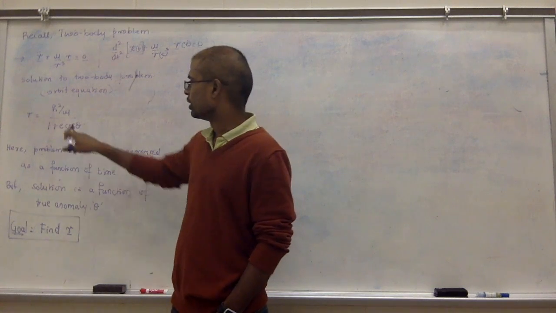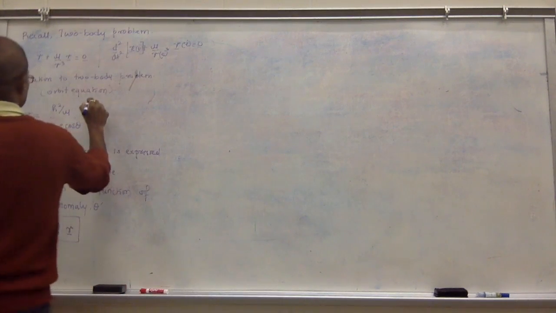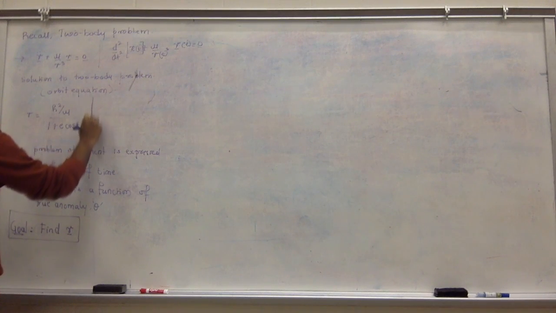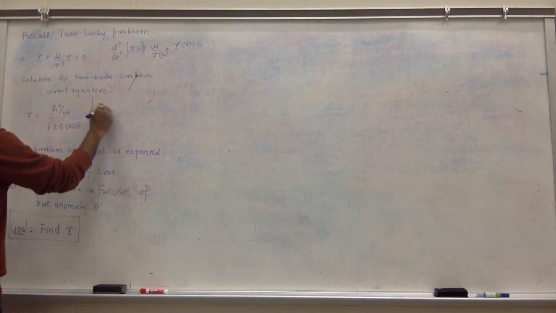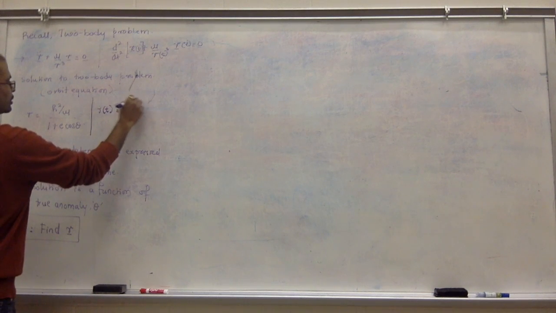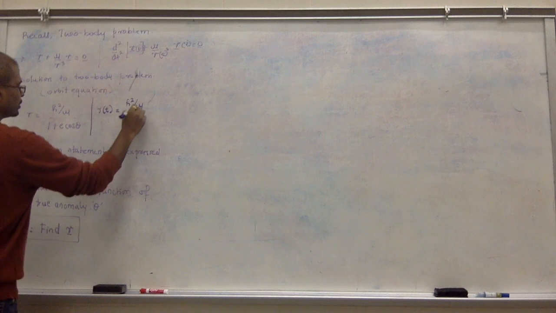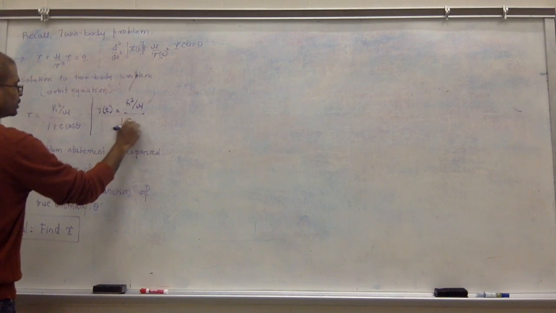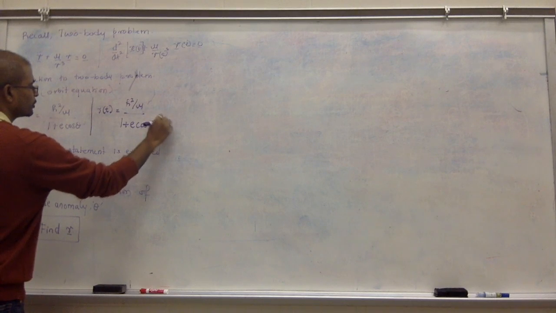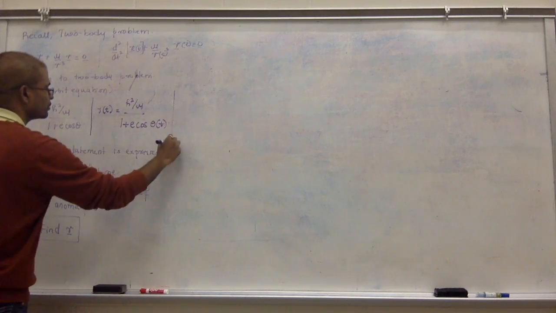Now, although you can express this as R of t, at the same time, h squared over mu over 1 plus e cosine theta is a function of time.